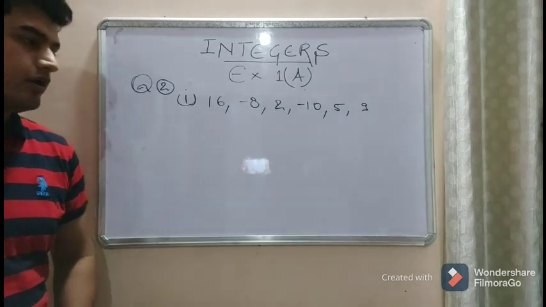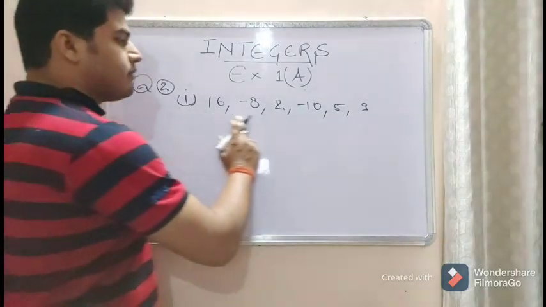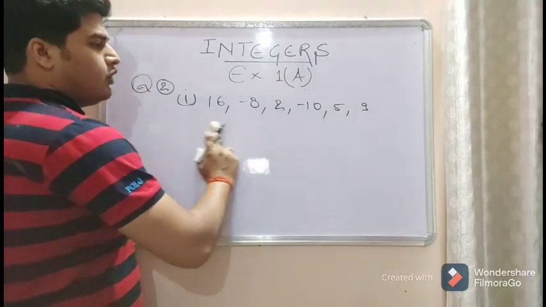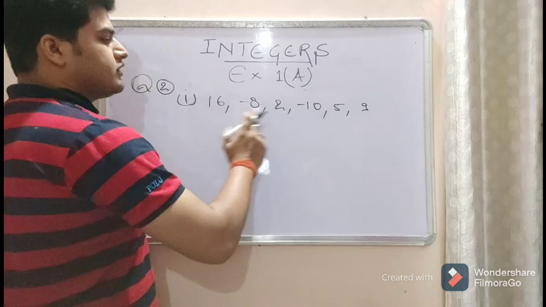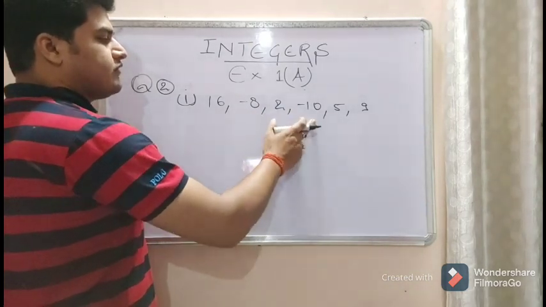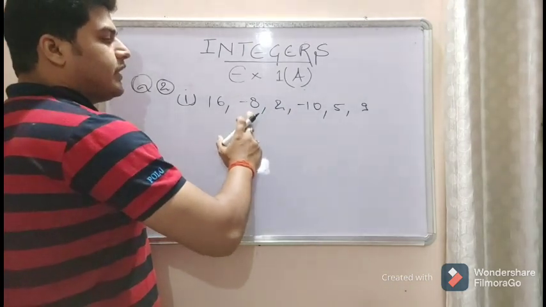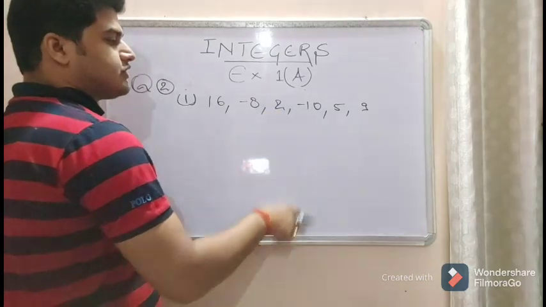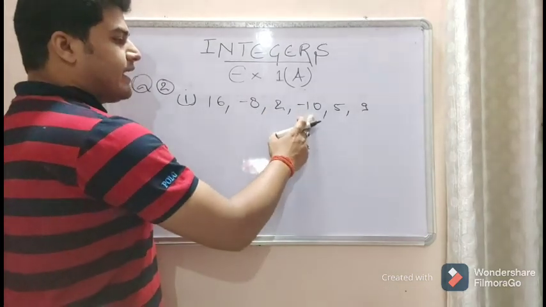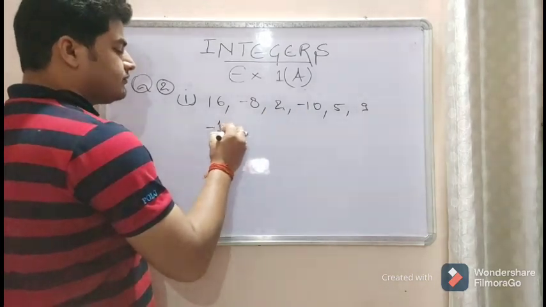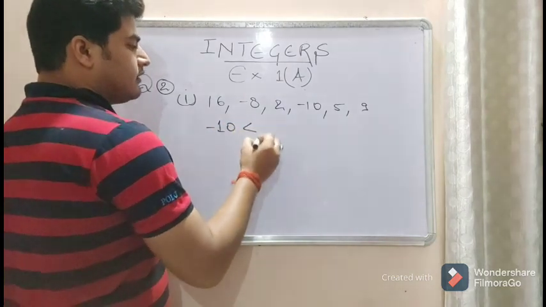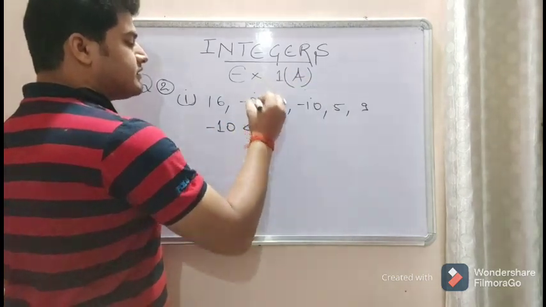That means ascending order. So find out the smallest number among them. Look out for the negative numbers first, because negative numbers are smaller than the positive numbers. And among negatives, the bigger the value, the smaller the number. So minus 10 is going to be the smallest. Then after minus 10, minus 8 will come.